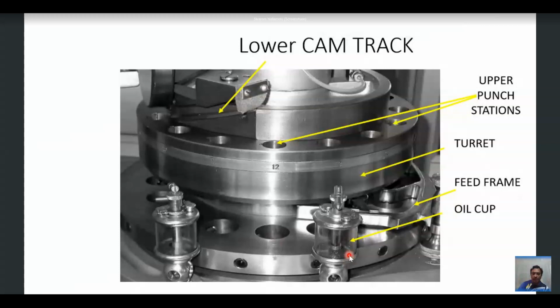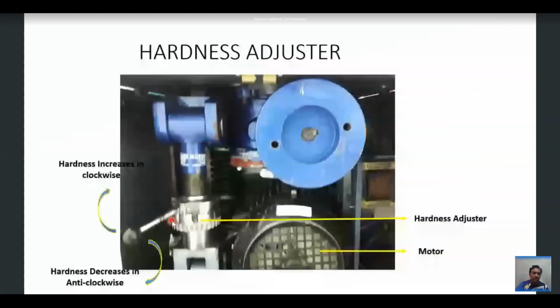Coming to this picture, this picture depicts the hardness adjuster. Can you see the lever here? This is the lever which is mainly responsible for increasing or decreasing the hardness of tablets. Suppose you hold this lever and turn it in a clockwise direction, so this raises up. When this raises, the hardness increases.